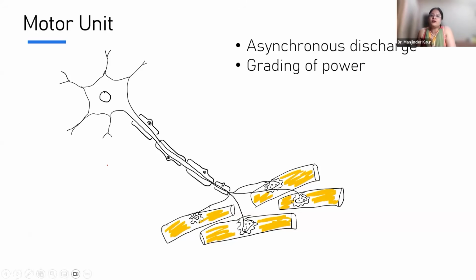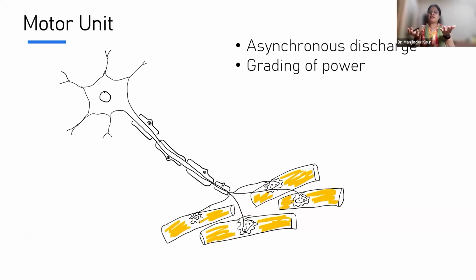Now the second property of the motor unit is recruitment, or it results in the grading of power. Now think that you have to lift a pen. To lift a pen we need less power, so fewer motor units will be recruited and you will have a better response. But if you have to lift a bag, you will require more power.